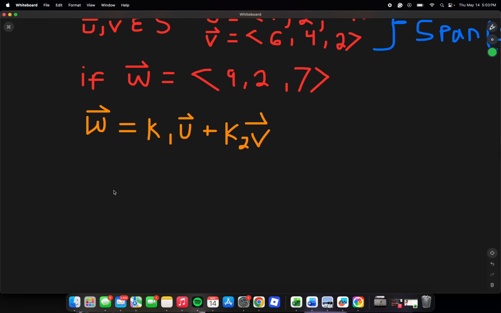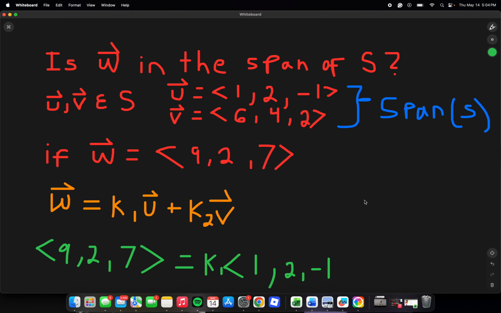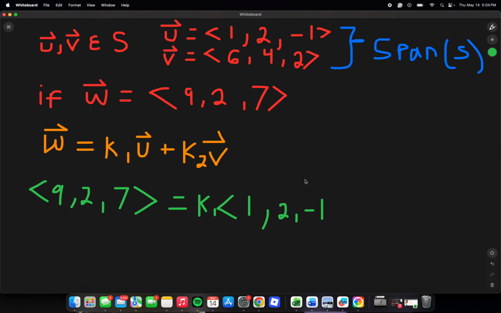Okay, so let's show this here. We know w is the vector with x component 9, y component 2, and z component 7. And we know that this needs to equal a scalar multiple k1 of u, which in our case is 1, 2, -1.